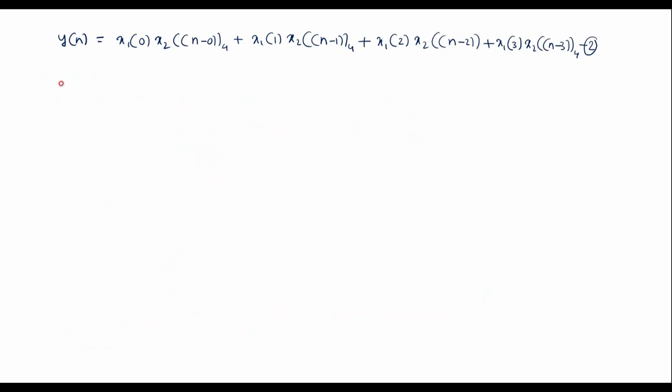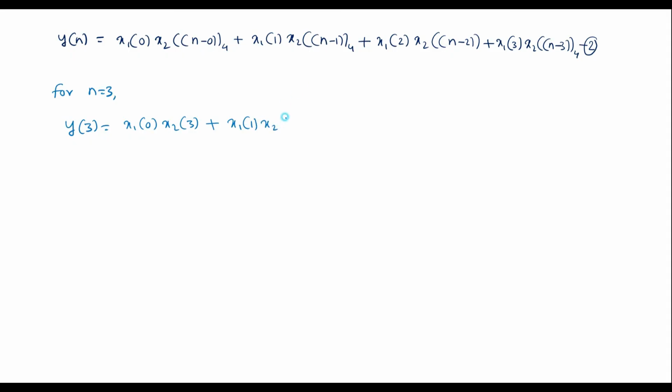So now consider n equal to 3. We substitute n equal to 3 in equation 2, that is in the above equation, so that I can write y of 3 is equal to x1 of 0. Here n is 3, 3 minus 0 is 3. The value is positive, so I can write it directly as x2 of 3 plus x1 of 1 into x2 of 3 minus 1 is 2.